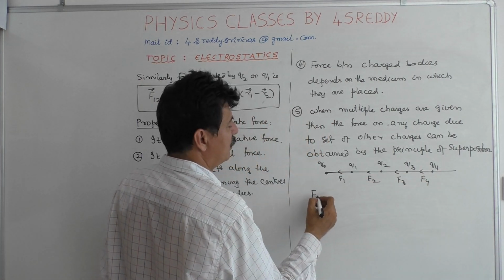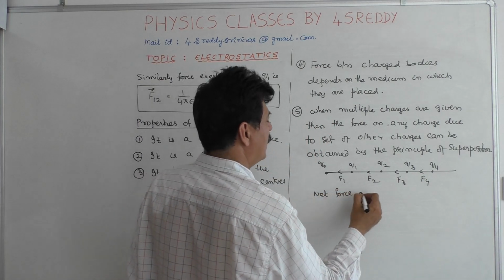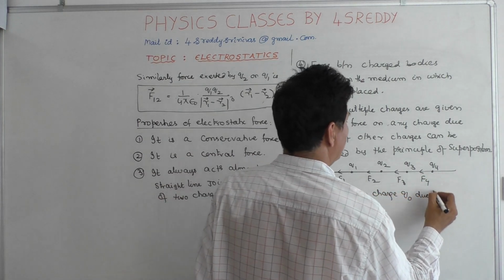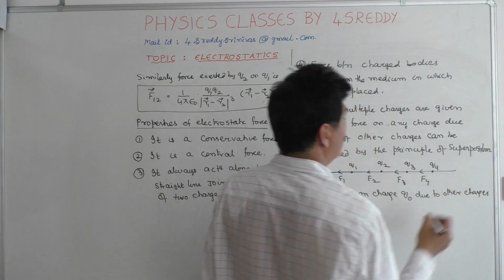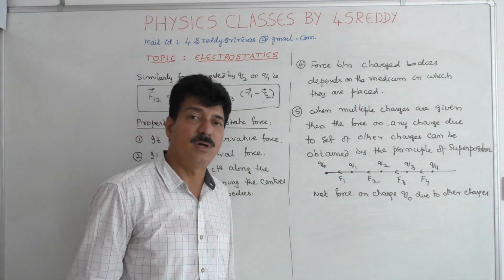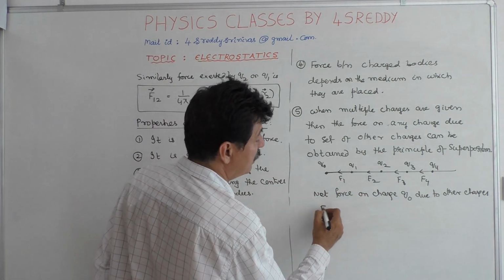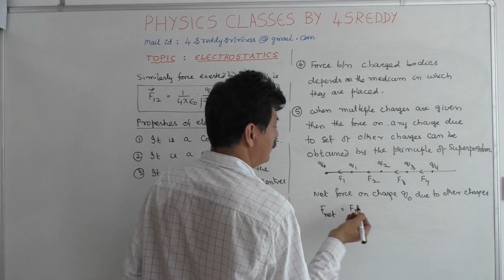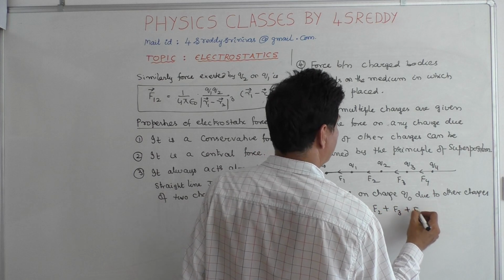Therefore, the net force on charge Q0 due to other charges, according to the principle of superposition, the force on any body due to a set of other bodies can be obtained as the sum of all the individual forces. F net is equal to F1 plus F2 plus F3 plus F4 and so on.